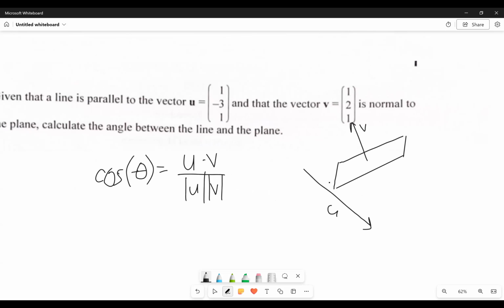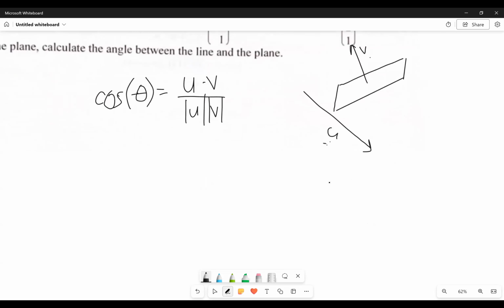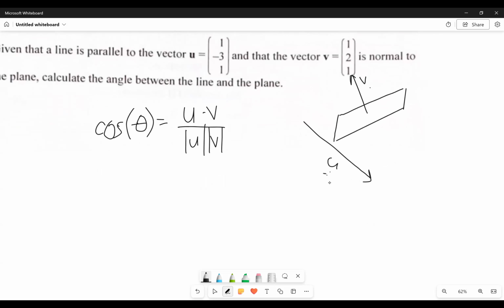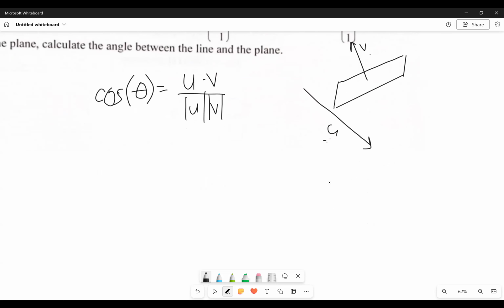The issue is the angle between the line and the plane is not the angle between this normal and this line. If you look at it sideways only, this is 3 dimensions, we're just going to go into 2. I'm going to have the vector v, which is a normal to the plane, so the plane is here, and then you have a line here.